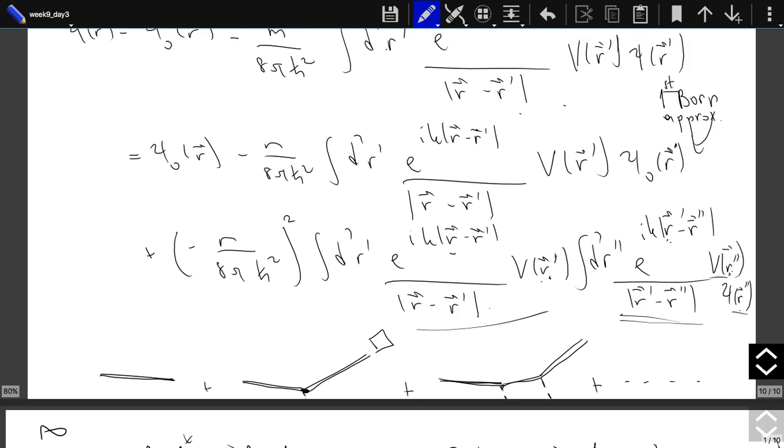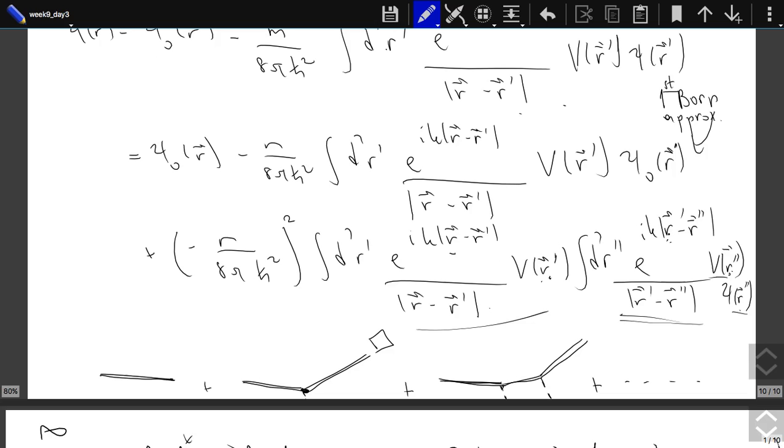And then we can make the approximations for each one of these terms. You see, what we are assuming is r is large, not r prime. So in this first one, I can do the approximation we did before, and so we have the outgoing spherical wave. Now in the second term, only r is large, so I can only do that approximation in this term.